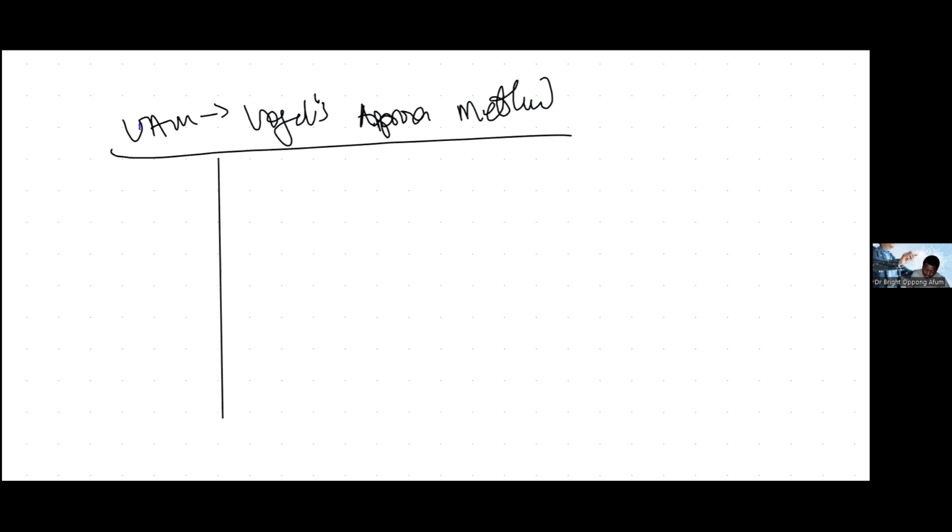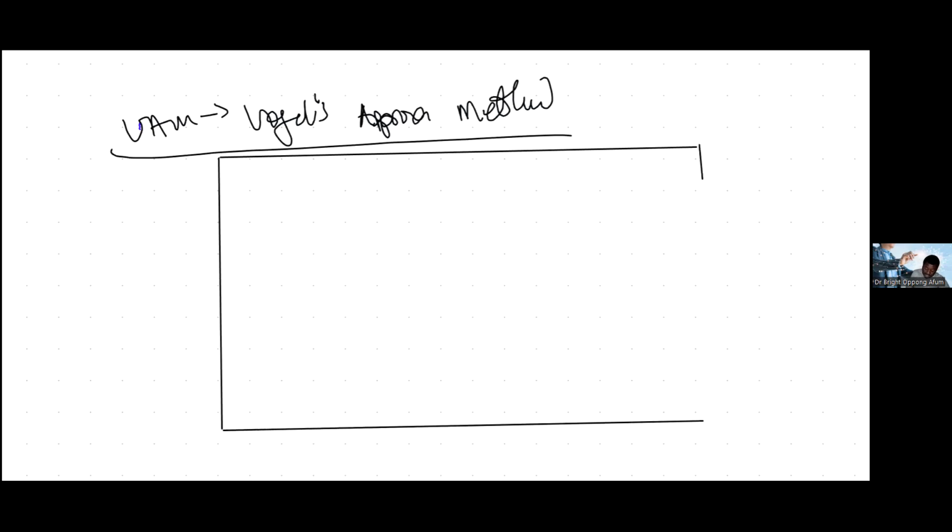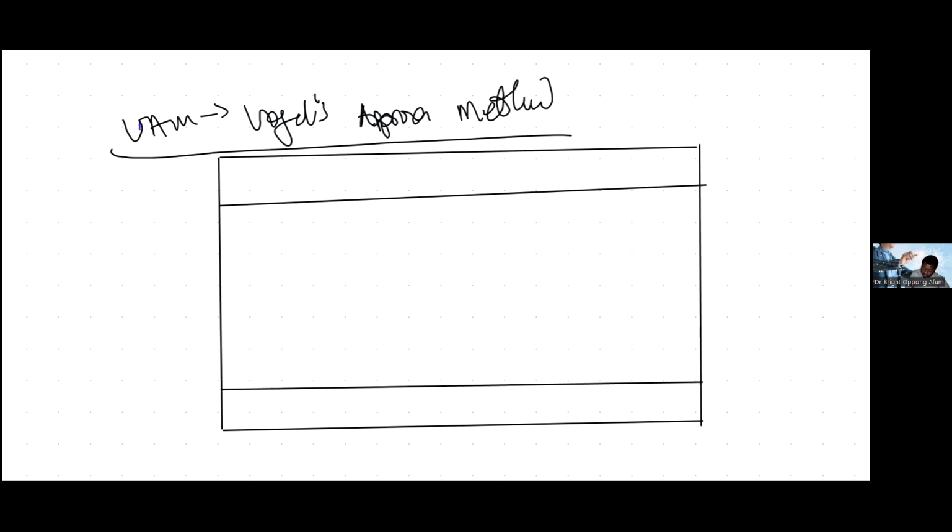So in this case, we will still draw our transportation tableau here, right? It's the same tableau. However, we will try to do the allocation using a different method called Vogel, and not necessarily the northwest.